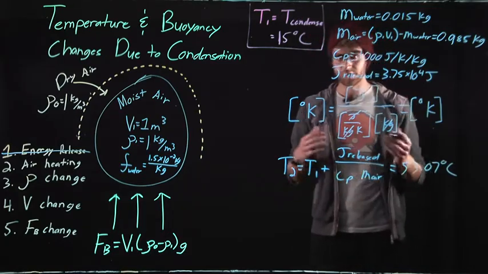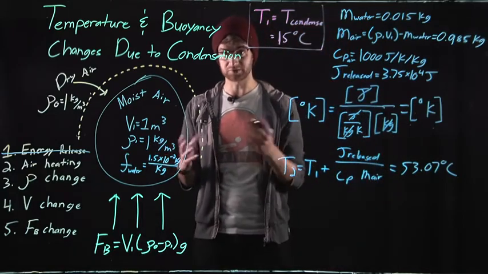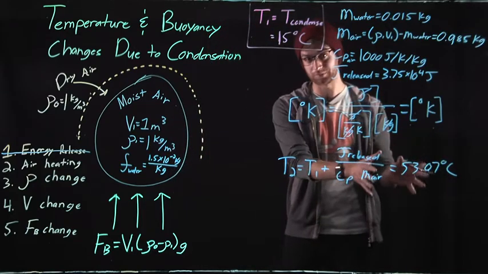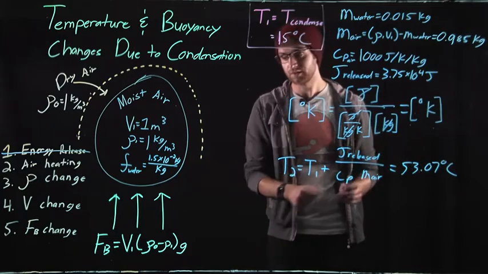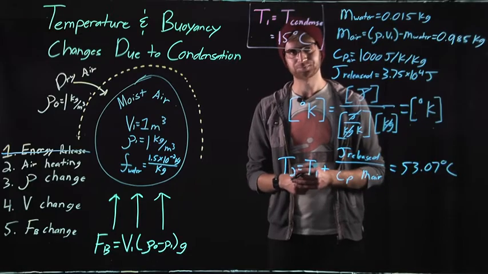And so not all energy related to condensation goes into the air. It's probably some fraction, but definitely not all of it, because we would be in a lot of trouble if this simplifying assumption was actually physical. But as a thought exercise, this is the answer that you get.